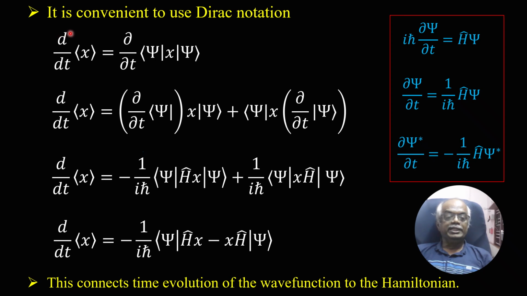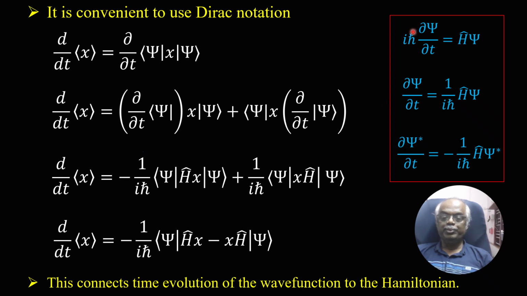Now it is convenient to use Dirac notation. That is, the time derivative of the expectation value of x is equal to the partial time derivative of bra psi x ket psi. So we know from the Schrodinger wave equation, i h cross delta psi over delta t is equal to the Hamiltonian operator H psi.